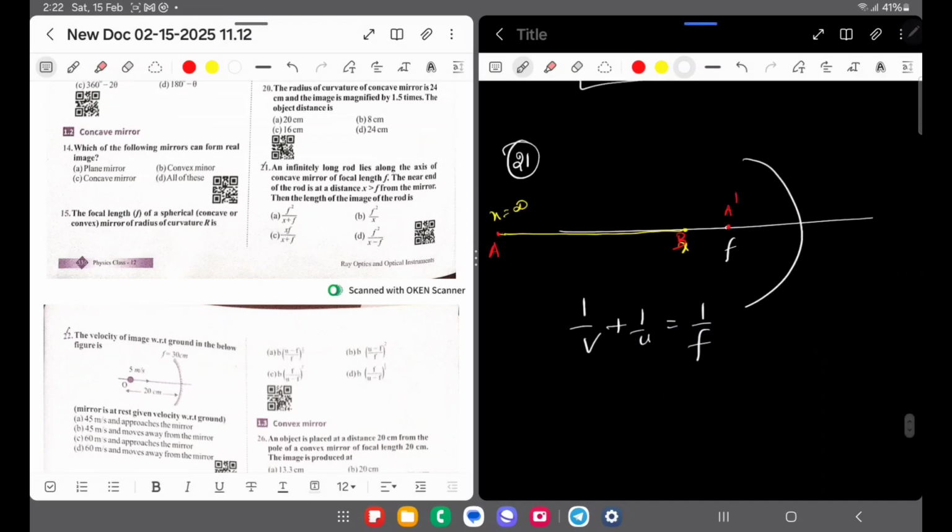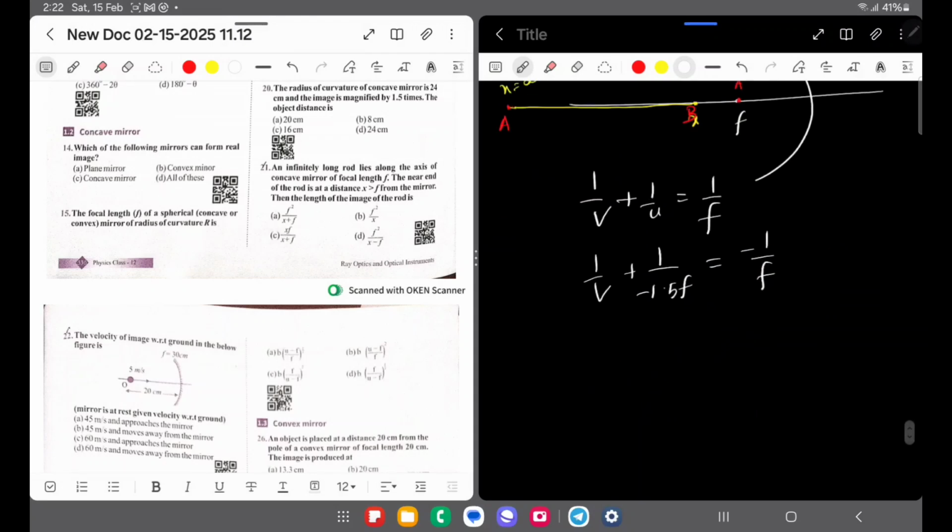If you consider B, it is located at some distance beyond F. We could assume u is minus 1.5 F. For a concave mirror the focal length is also negative, minus f.